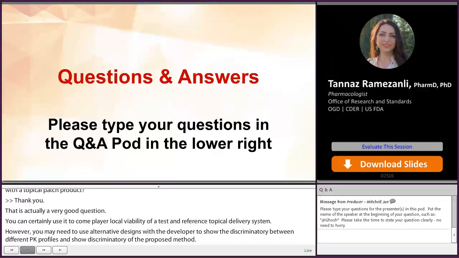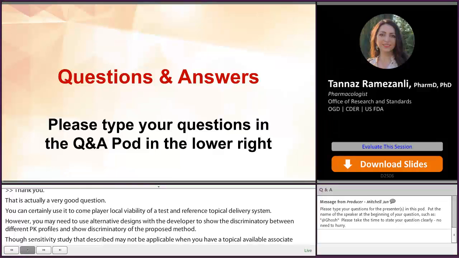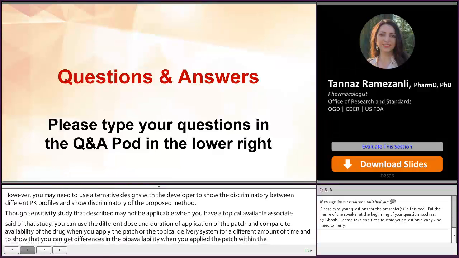Instead of that study, you can use different durations of application of that patch and compare the bioavailability of the drug when you apply the patch or topical delivery system for different amounts of time, and show that you can get differences in the bioavailability when you apply the patch for different durations, and you can get differentiated AUC or Cmax, and use that instead of a dose sensitivity study, for example. Thank you.